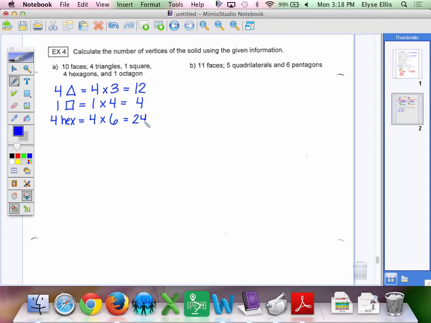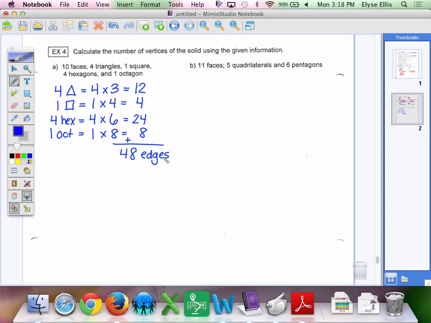A hexagon has 6 sides. 4 times 6 is 24 edges. There is 1 octagon. 1 octagon has 8 sides. That's a total of 8 edges. So when you add them all up, 12 plus 4 plus 24 plus 8, that is 48 edges.